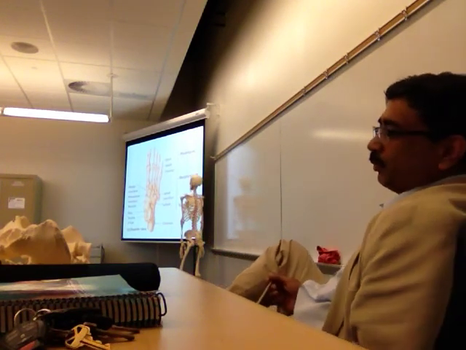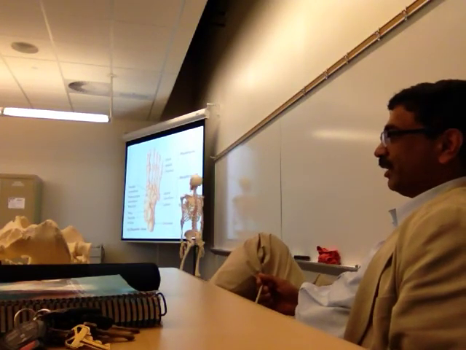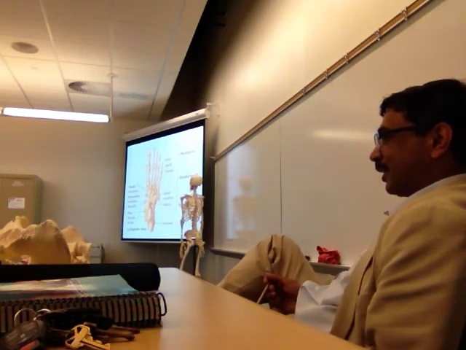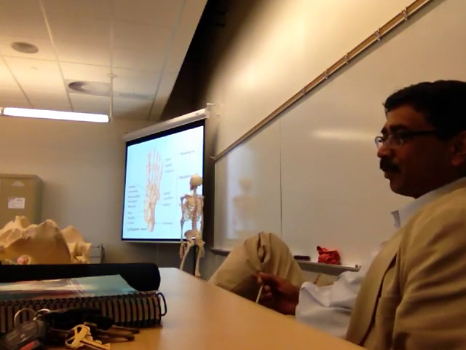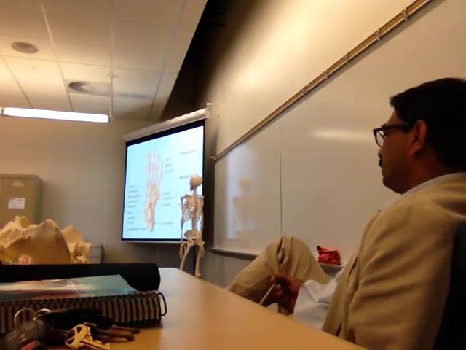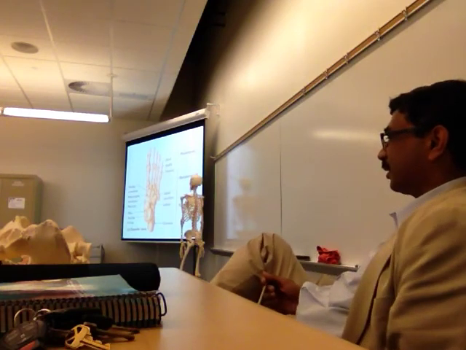In case of your foot you have 7 tarsals, not 8. In your hand you have 8 carpals, right? 4 and 4, 8 carpals. But in your foot you have 1 less. You have 7 tarsals.